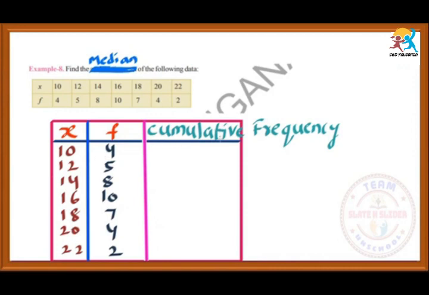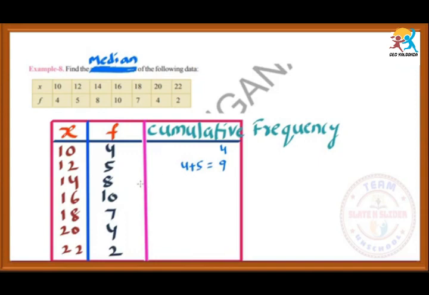Cumulative frequency means we have to add the frequencies. The first frequency is 4, so write 4. For the next, cumulative means addition, so the first two frequencies should be added, that is 4 plus 5, equal to 9.